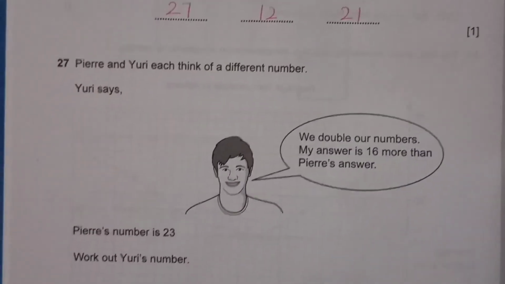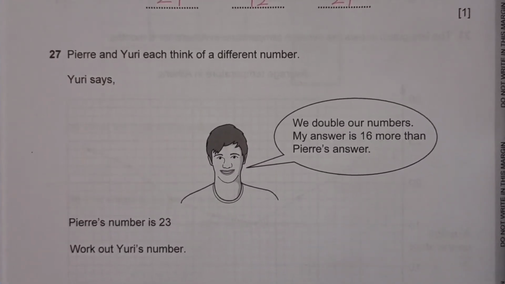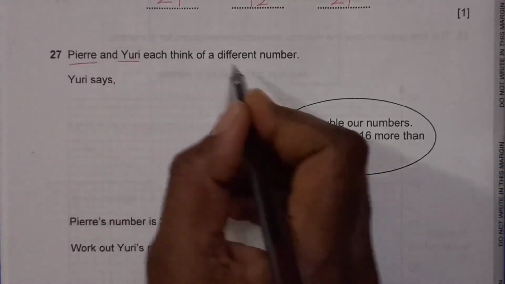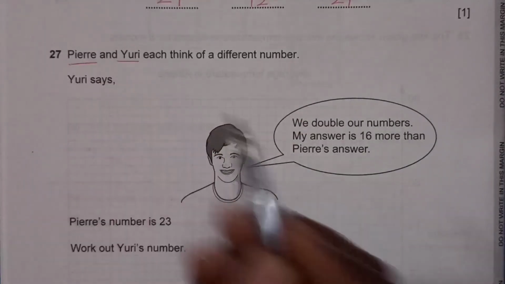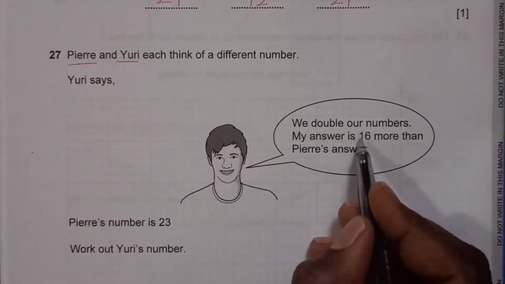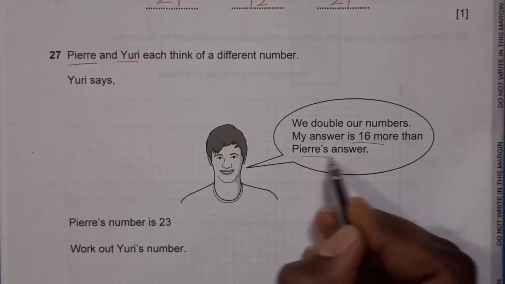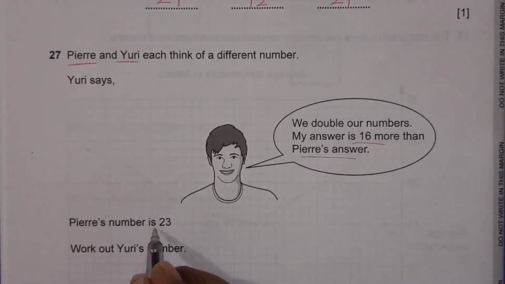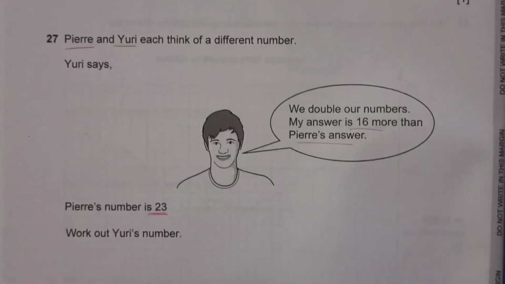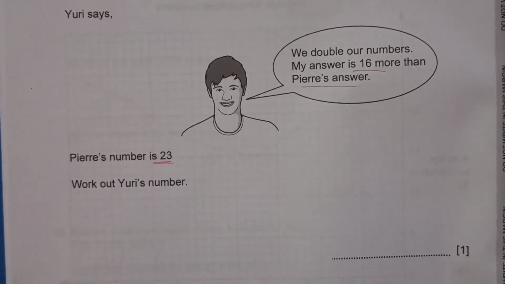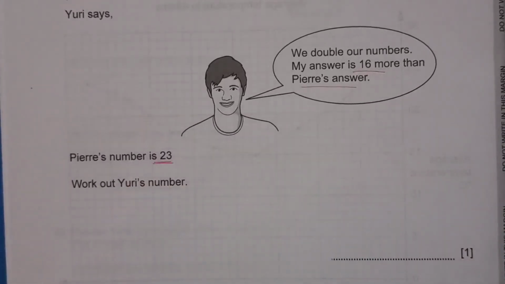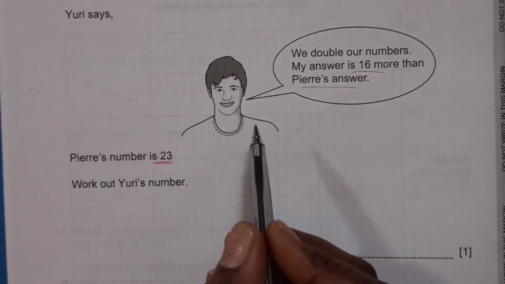Question 27. Perry and Yuri each think of different numbers. Yuri says, we double our numbers. My answer is 16 more than Perry's answer. Perry's answer is 23. Work out Yuri's number. The question is like, they think of different numbers.